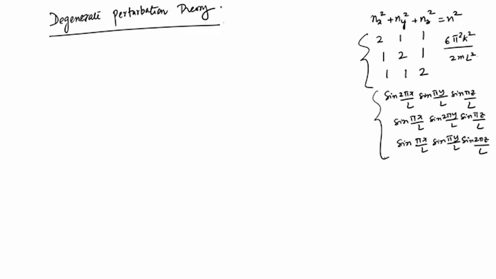And these are distinct eigenfunctions, but they correspond to the same energy, and this is what is meant by the degenerate case, and we have to develop a perturbation theory for this degenerate case.